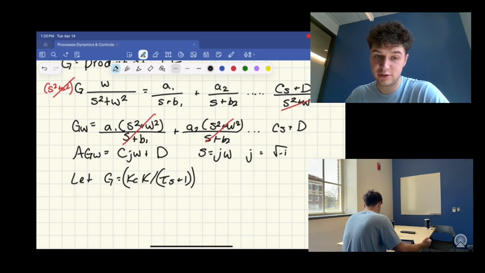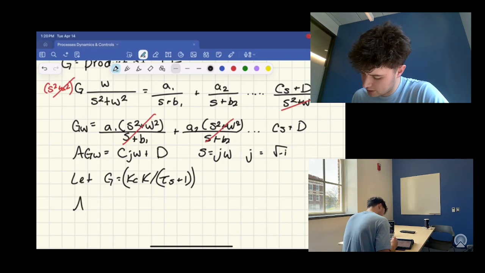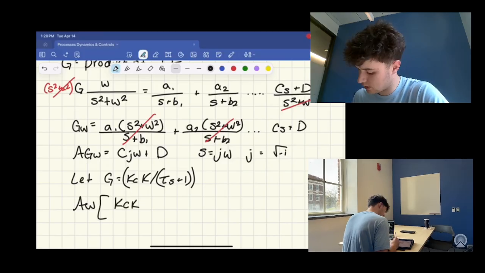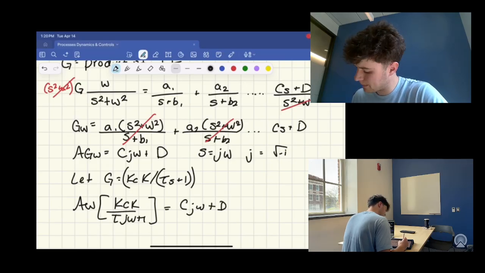And when you plug this back into the equation, you get Aω times K_c times K over τjω plus 1 equals Cjω plus D times 1 minus τjω, and this is the conjugate.